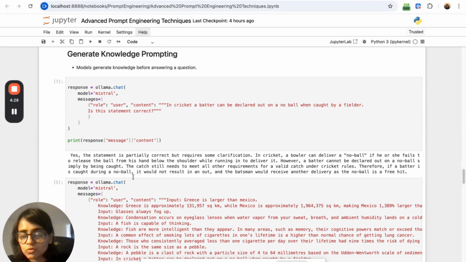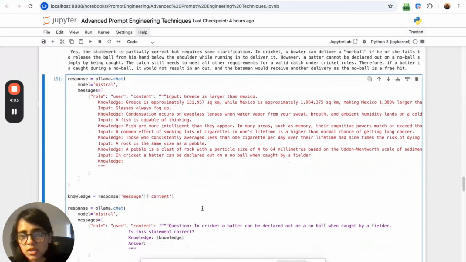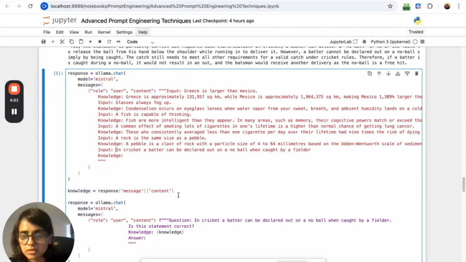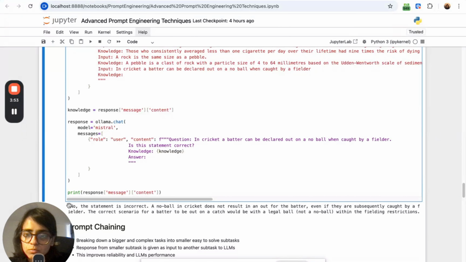And how can we improve that is by providing the model with knowledge around that question. We can give a few shot prompts here so that the model is able to come up with knowledge of its own for this particular question and then use that knowledge as input to answer the actual question. So then your model will be able to perform much better. So here it says no, the statement is incorrect, which is correct.